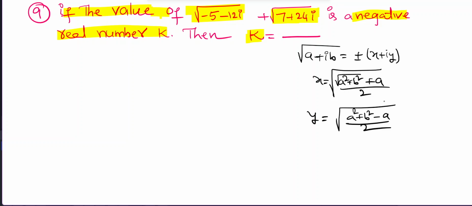Now here the first square root given is root over minus 5 minus 12i. Here a value is minus 5, b value is 12.